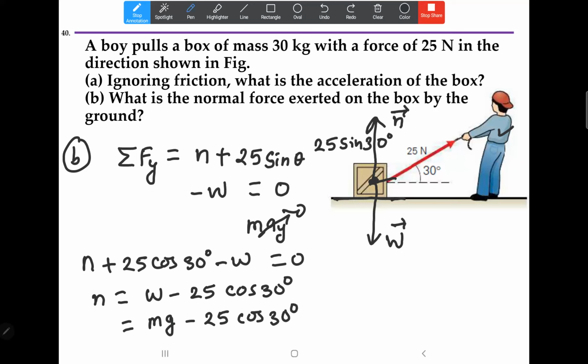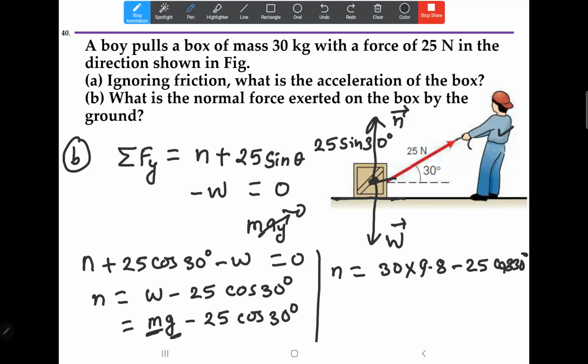So N is equal to 30 kilogram multiplied by the acceleration due to gravity, g, 9.8, minus 25 sin 30 degrees.